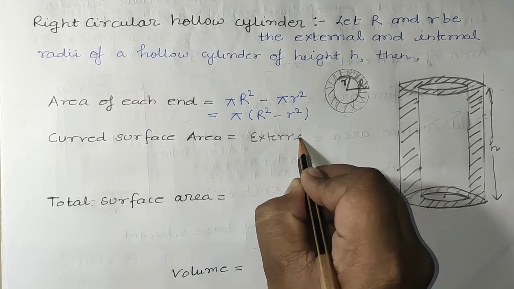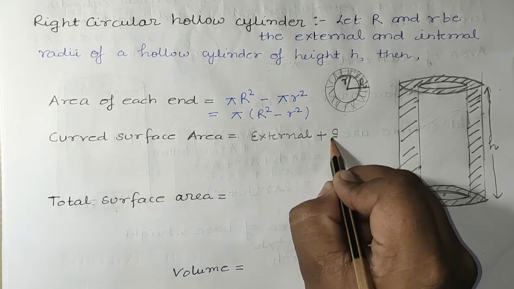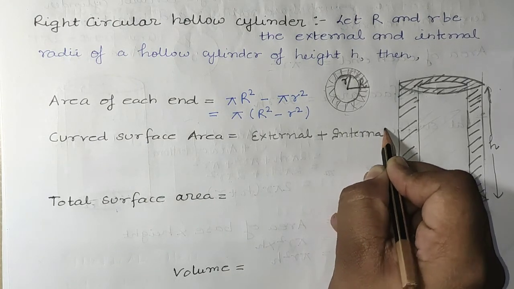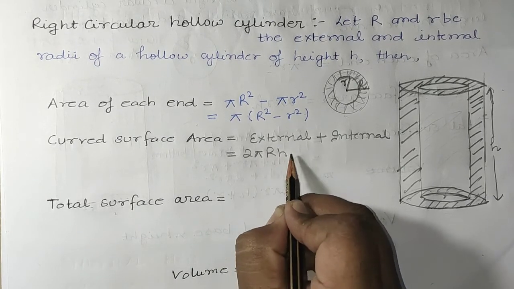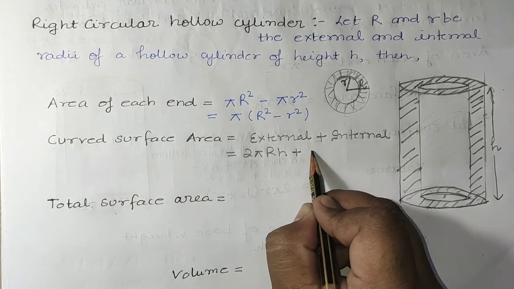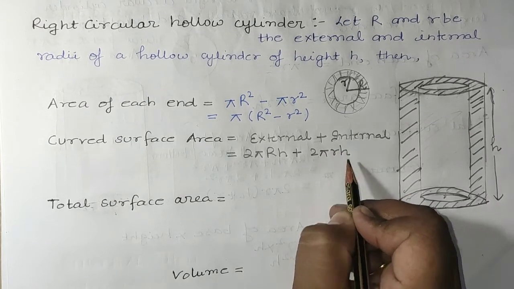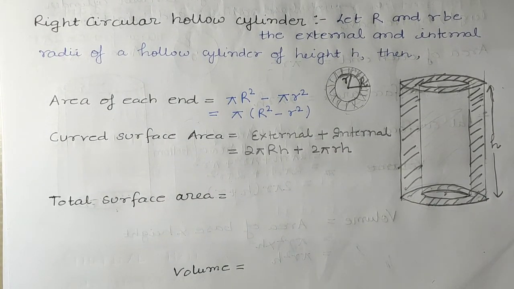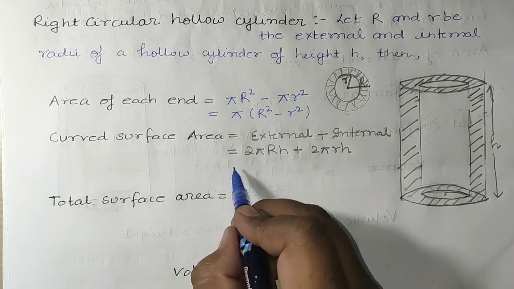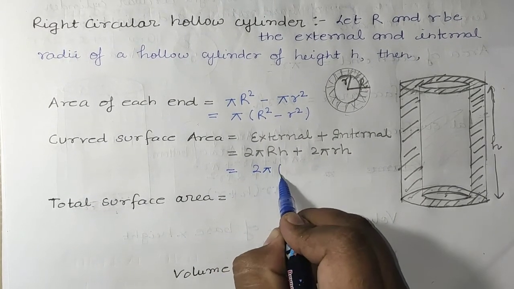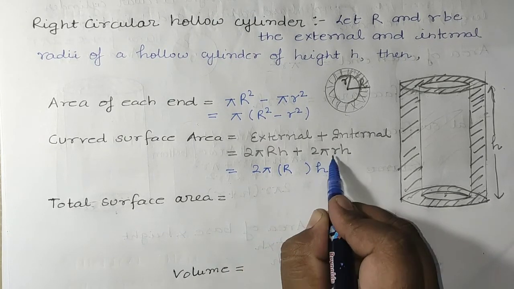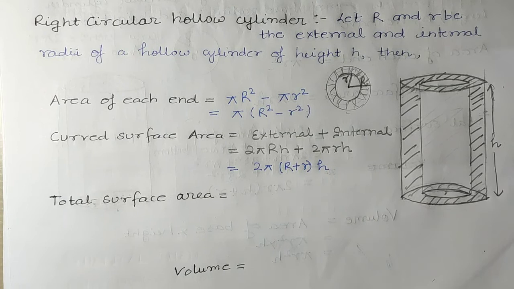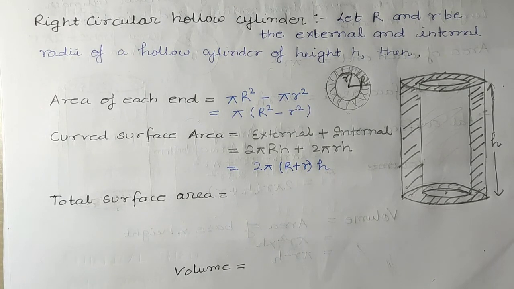The curved surface area of the external portion is 2 pi R h, and the curved surface area of the internal portion is 2 pi small r h. What can we take common? We can take 2 pi and h common. So what is left? Capital R from here and small r from here. So this is the formula of curved surface area of a right circular hollow cylinder: 2 pi h times R plus r.